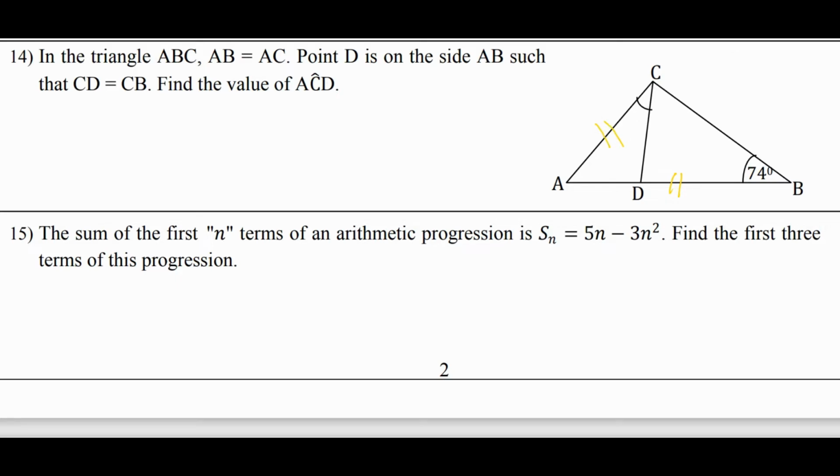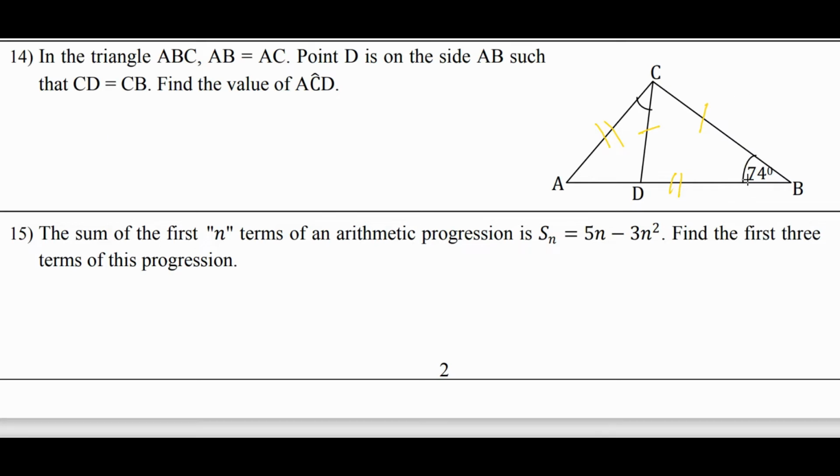And point D is on the side AB such that CD equals DB. CD equals DB means this one is equal to this one. From this data, we realize the CDB and ABC triangles are isosceles triangles.